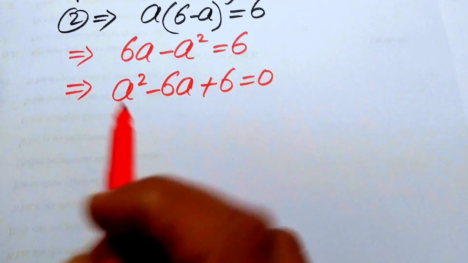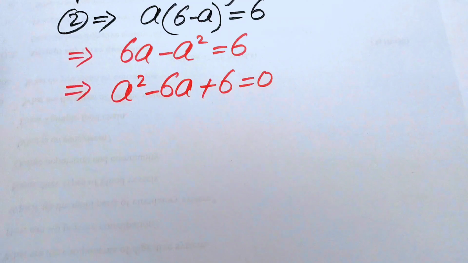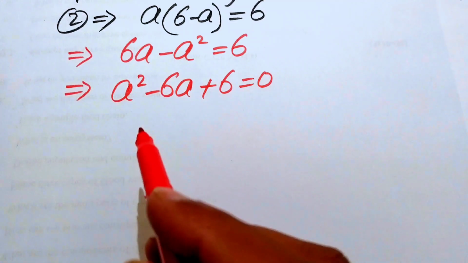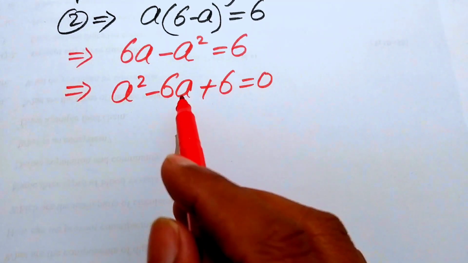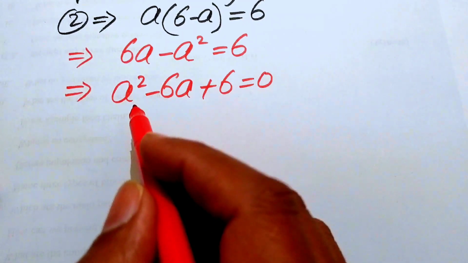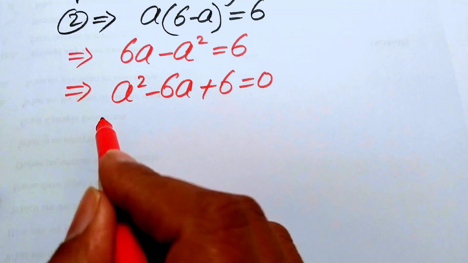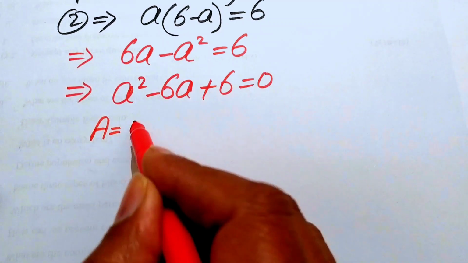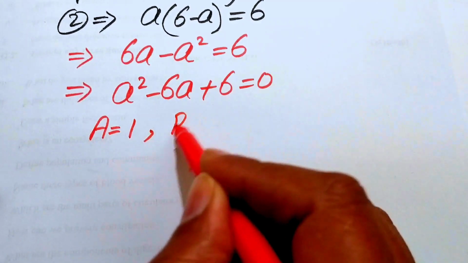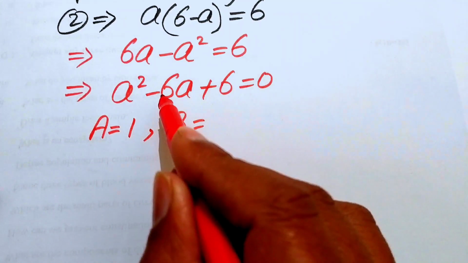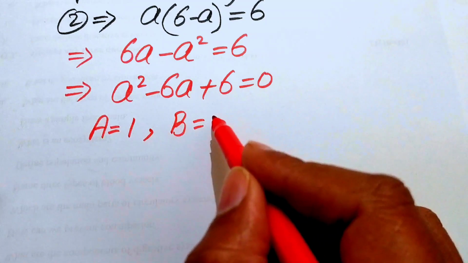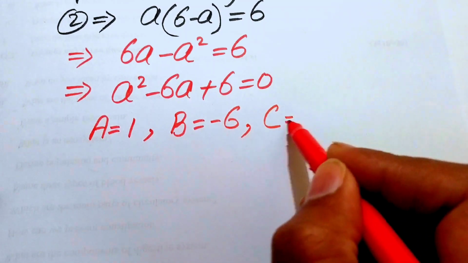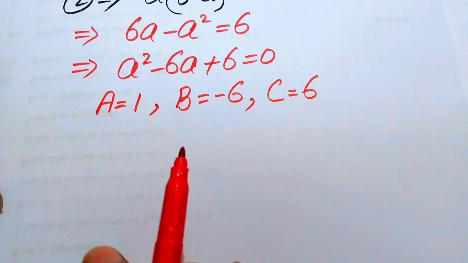So this becomes a quadratic in a, and now we find the solutions of this equation. Here we use the quadratic formula. First we write the coefficients of this equation. The coefficient of a square is denoted by capital A and it is equal to 1, the coefficient of small a is minus 6 and we denote it by capital B, and the constant term is denoted by capital C and it is equal to 6.